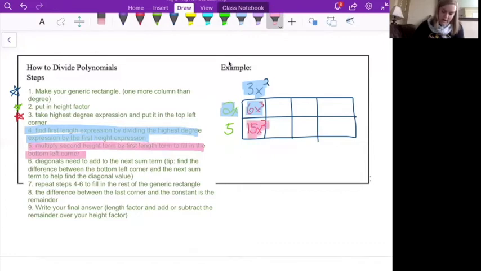And then we add the diagonals to the next term. So again, what this is saying is that we want 15x squared plus whatever this diagonal is going to be equal to our 7x squared.